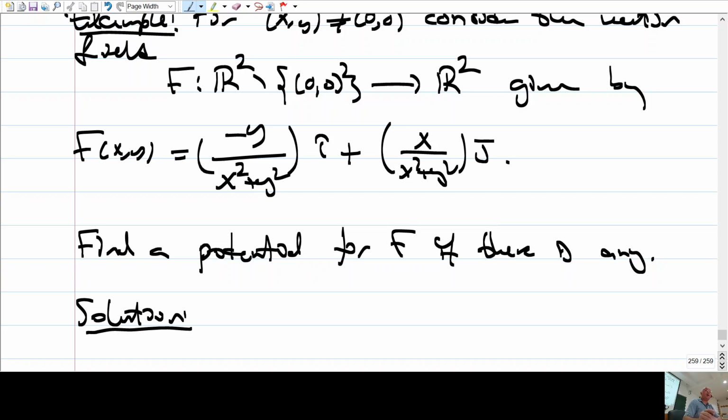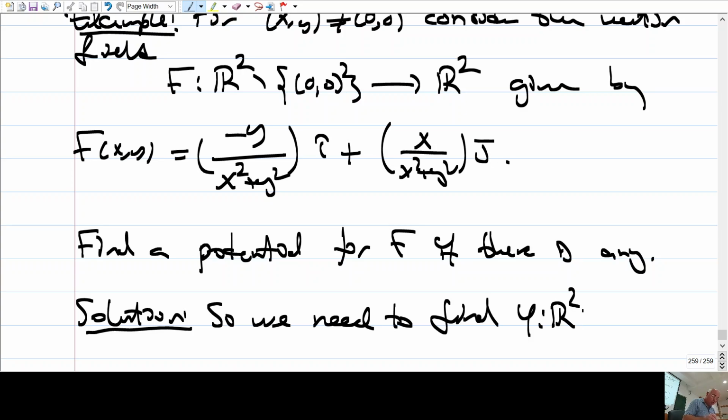Yani demin kinin aynısı, tamam mı? So potential varsa, so we need to find phi. Nerede tanımlı olacak? This should be also defined everywhere except (0, 0). It's a function.